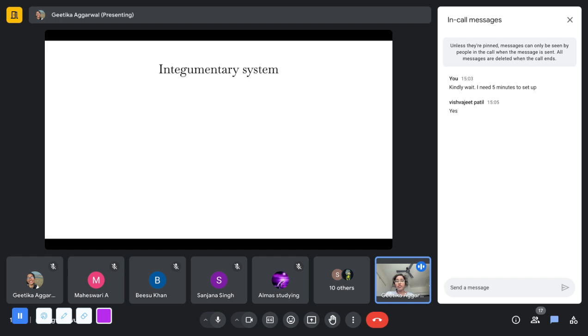The integumentary system can be further classified into two things. No one? Okay, so here is the general classification of the integumentary system.